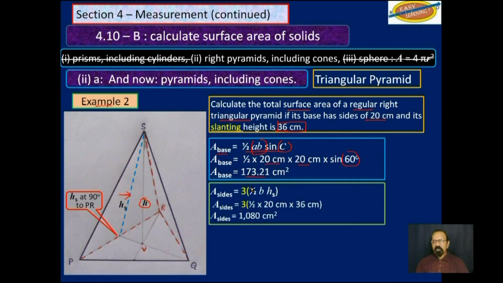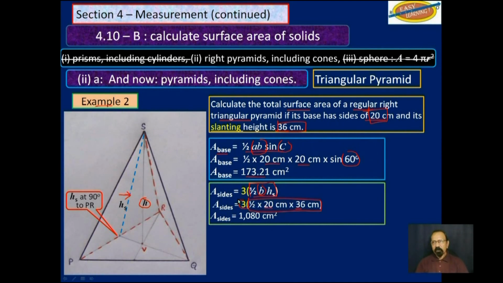Now let's deal with the side triangles. One of the side triangles would be half of the base. That's the base of the side triangle, which we are told is 20 centimeters, times its vertical height, 36 centimeters. This will give us the area of one of the side triangles.